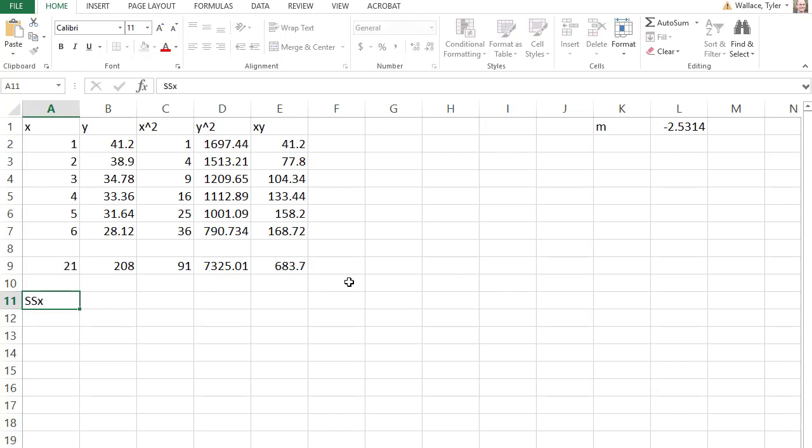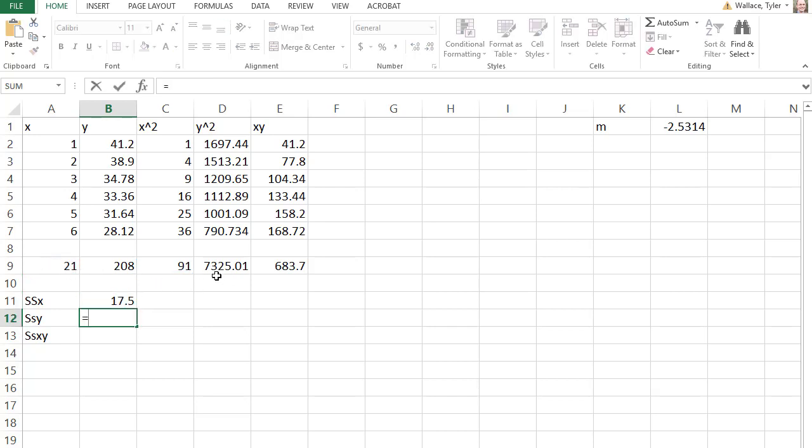We need to first find SSX, then SSY, then SSXY. For the sum of the squares of the x's, we'll say equals, and our formula sheet says that's the sum of x squared minus the sum of the x's squared divided by the sample size, and we see there's 6 values.